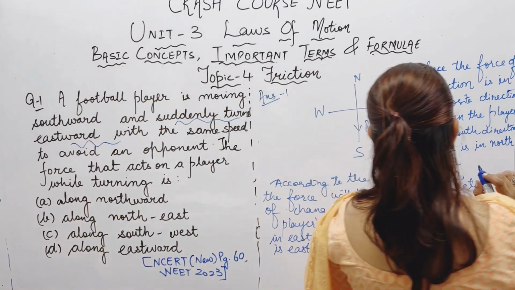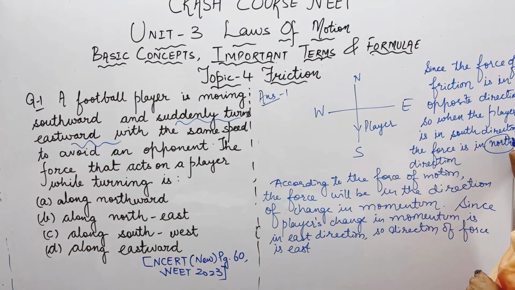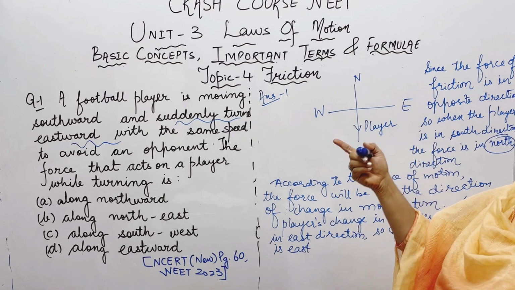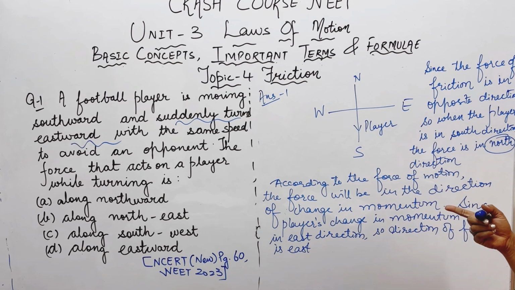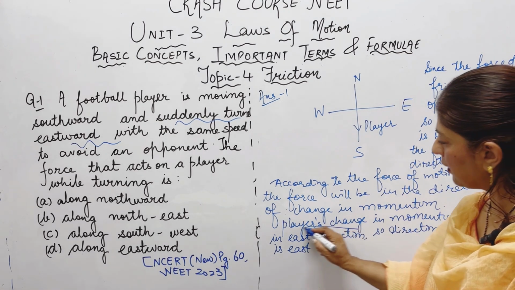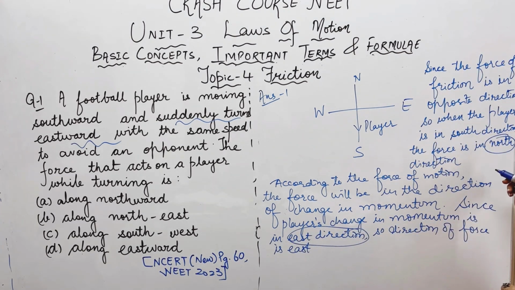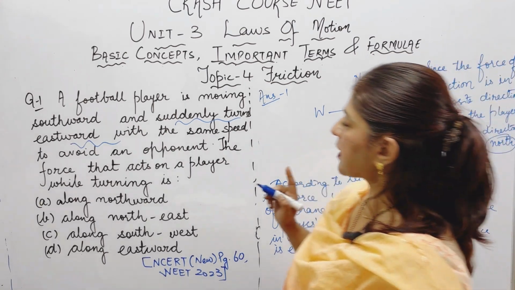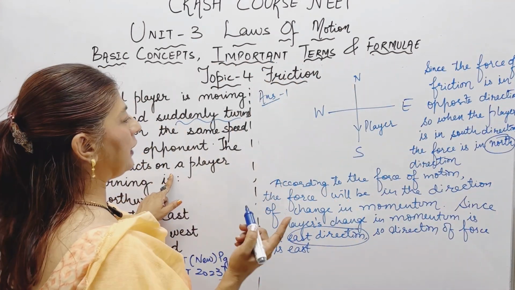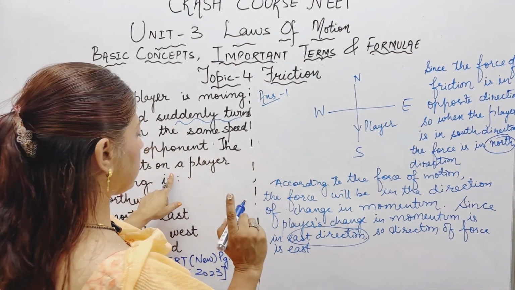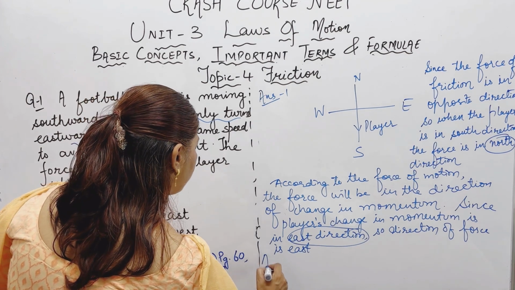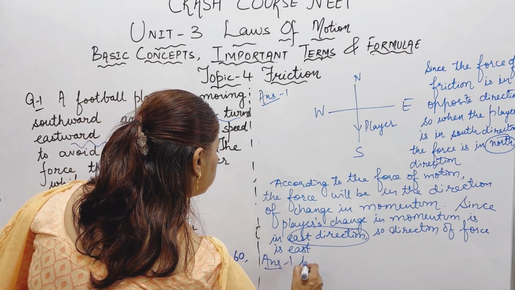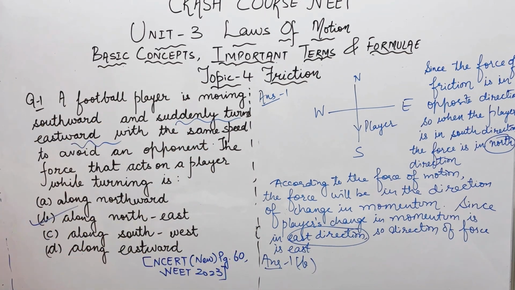For the first instance, the force is in the north direction, and when the sudden turn is there towards east, the change in momentum, and in that direction the force will be, will be in the east direction. So the force that is acting on the player while turning is from north to east, so the option is along northeast direction, and hence the answer for the first part is B, along northeast.